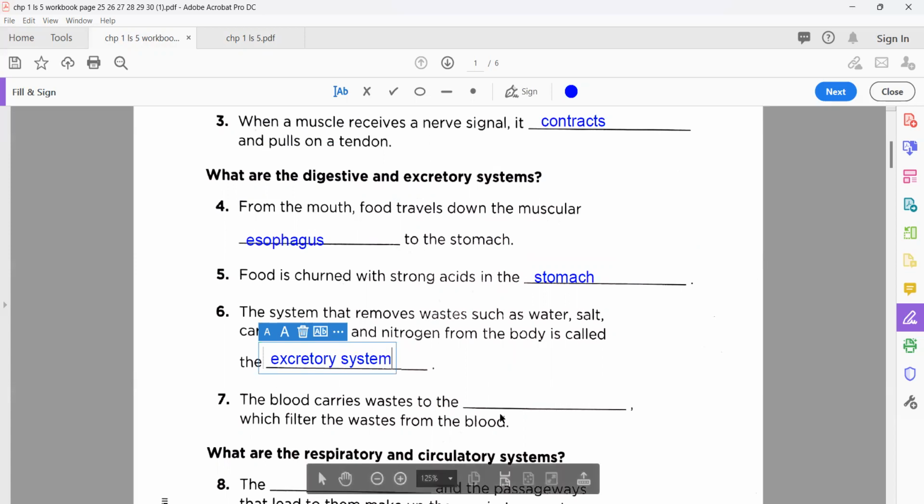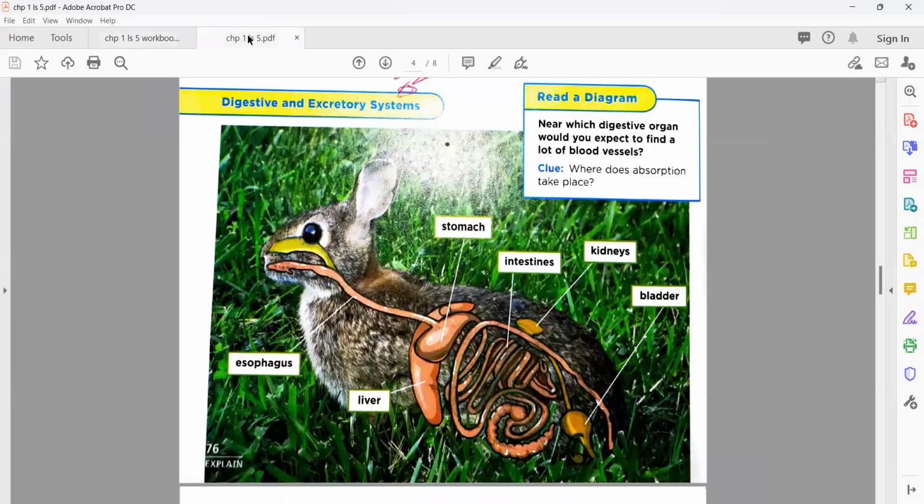Very good. Now, the blood carries waste to the dash, which filters the waste from the blood. This works as a filtration that filters all the blood, and the remaining waste moves out from here in the form of liquid and goes out from the body, while the important things the body needs are absorbed here.